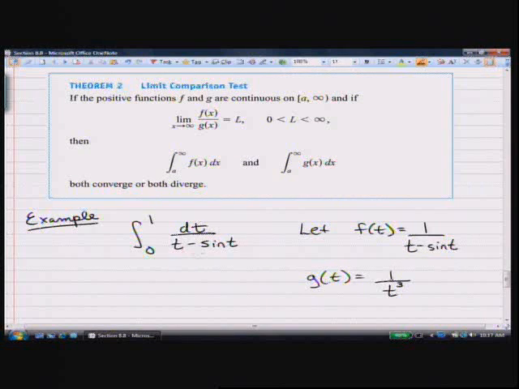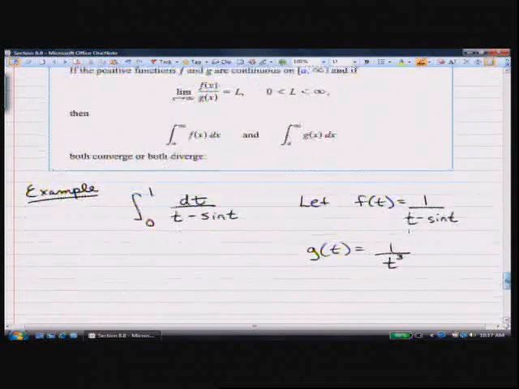But there's a problem on this problem, isn't there? When you look at this integral, do you see that there's trouble? Where's the trouble at this integral? Yeah, it's 0. And so instead of at infinities like these are doing, you can actually put it in at the spot where you have trouble. So we can look at the limit as t goes to 0 and make the same sort of argument.